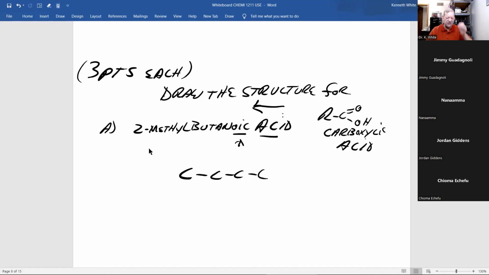Now, as I mentioned, with alcohols, ketones and aldehydes, especially aldehydes, and carboxylic acids, I'm going to always start on the right. You can do it on the left, but I learned it on the right. I like to do it on the right, and good habits I don't change. So I have my carboxylic acid. This is carbon number 1. I'm going this way. Ooh, my old friend, the methyl group, and it's on carbon 2.